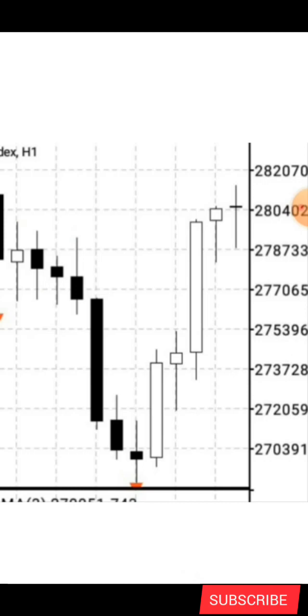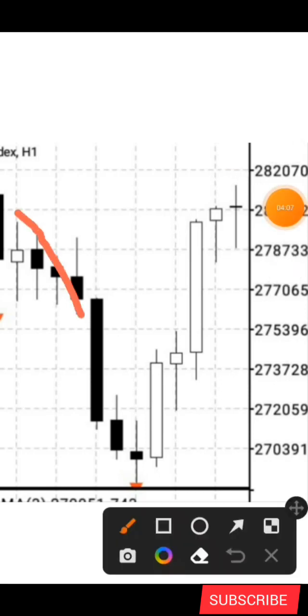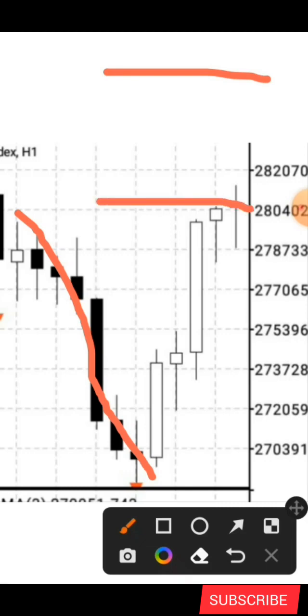Whenever you see it, it doesn't matter, just forget about the color. Let's say the price is on a downtrend like this, and on your indicator window, for example, price has gotten to the overbought level, and on the main chart you see something like this.